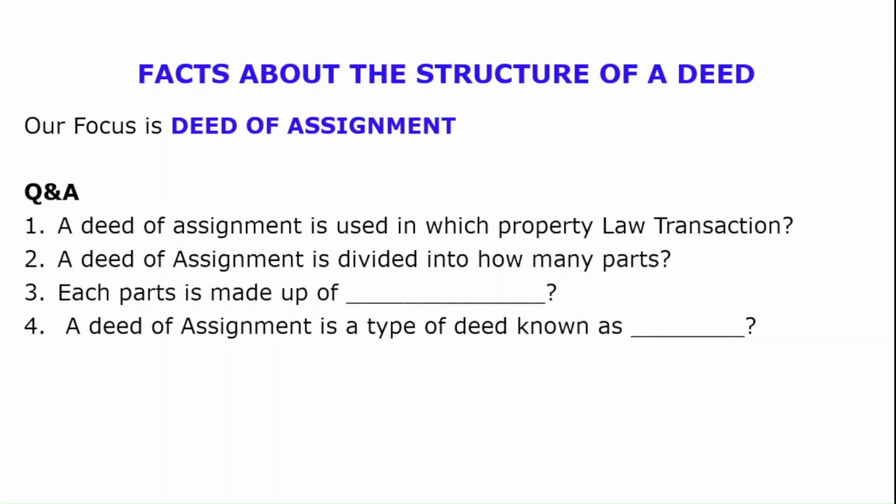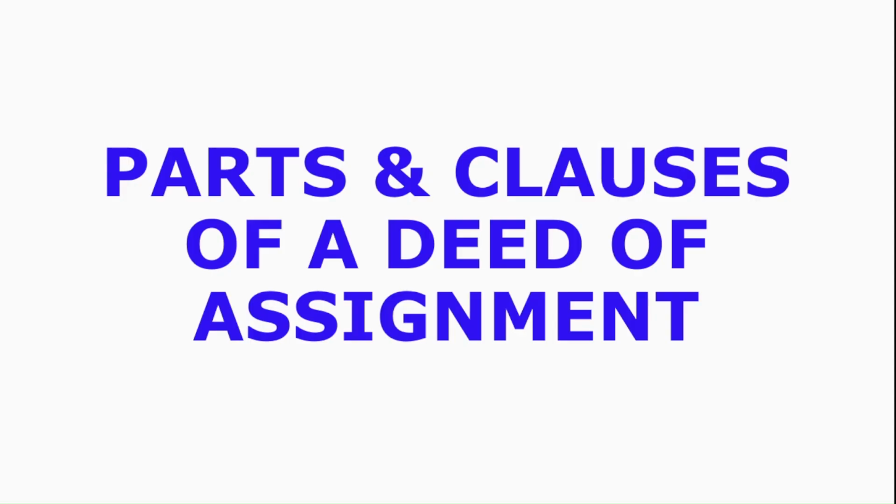So now we want to move into listing out the parts and clauses of a deed of assignment. If somebody were to wake you up in the middle of the night and then asked you, how many parts do we have in the deed of assignment? You are going to tell the person 4 parts. Then it goes further to ask you, mention those parts.